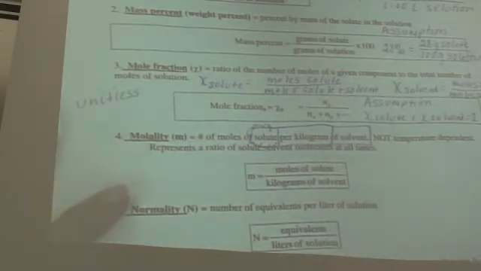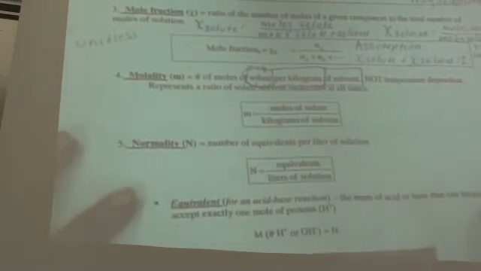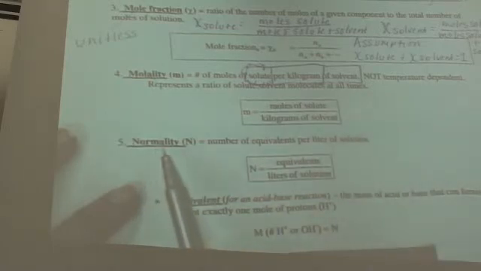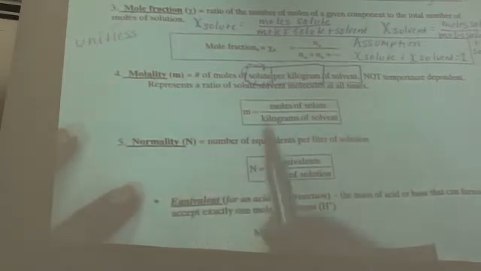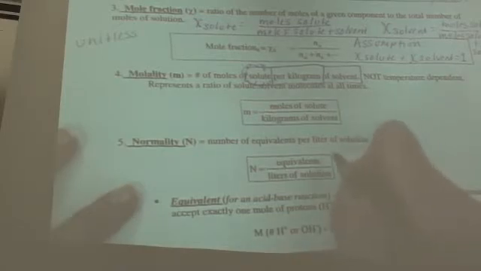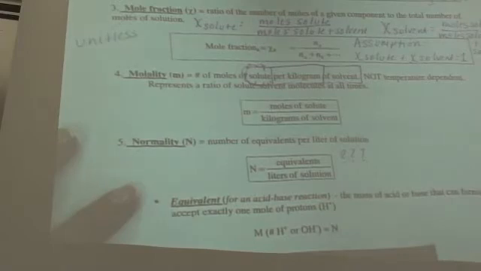All right. Okay, here we go. Pretend I circled this part because this is what I meant. Normality, really quickly, is the number of equivalents per liter of solution. Great. What is an equivalent? Nothing your little self needs to concern about except for this. It's used for acids and bases.